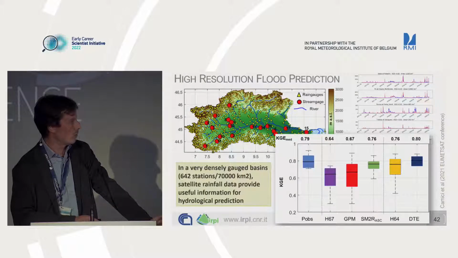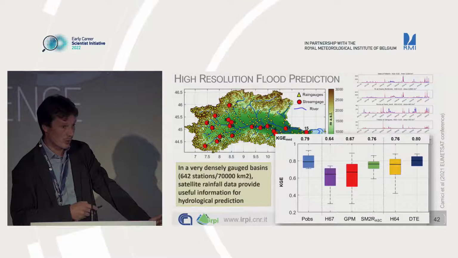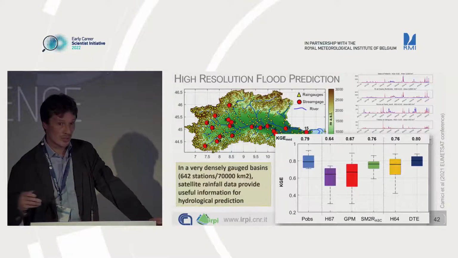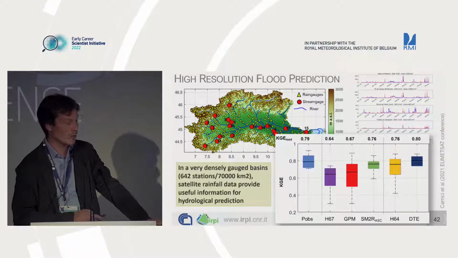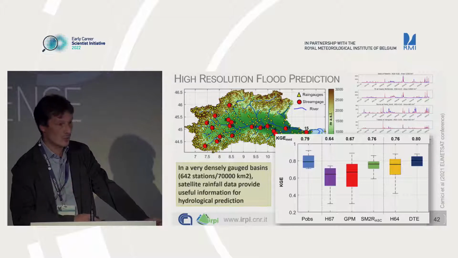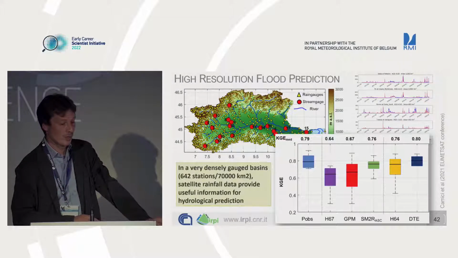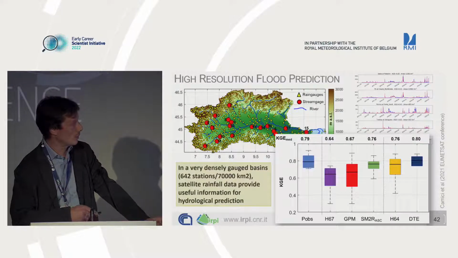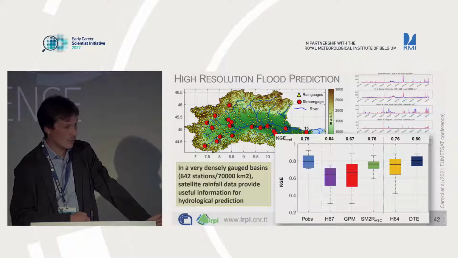KGE equal to 0.8 means that you are able to track very well river discharge in different stations throughout the basin. Each red dot is a station where we tested the model. And here there are different satellite precipitation products, the integration between them. And also here, this one is the product at high resolution that we have just developed.